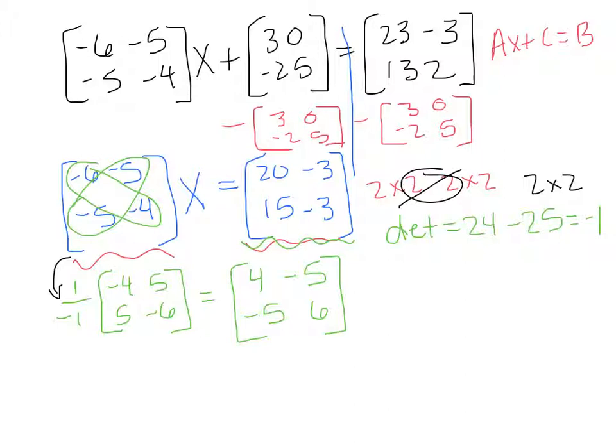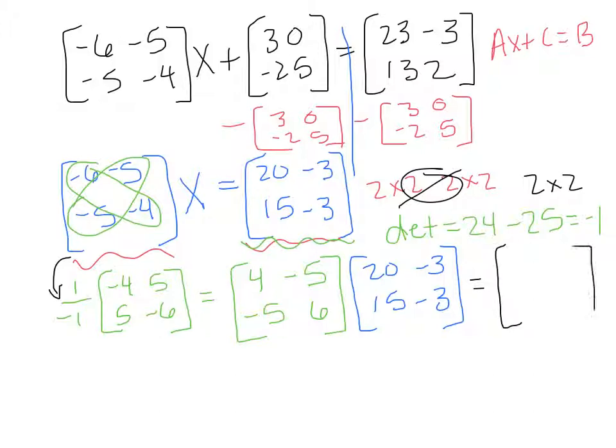And so we are going to carry out the multiplication between 2 by 2 matrices. And we know that our final product, or our final solution, is going to be another 2 by 2 matrix. We already decided that. So it's just a matter of row 1, column 1, and so on and so forth. So row 1, column 1 is going to be 80 minus 5 times, well, negative 5 times 15 is negative 75. So we have minus 75, so that part is going to get me a 5.